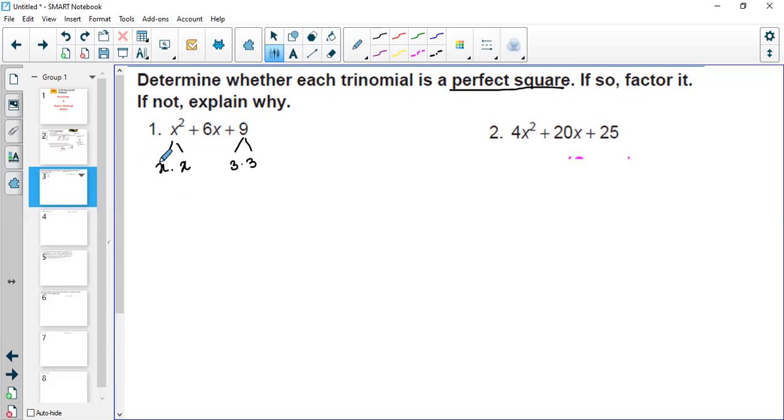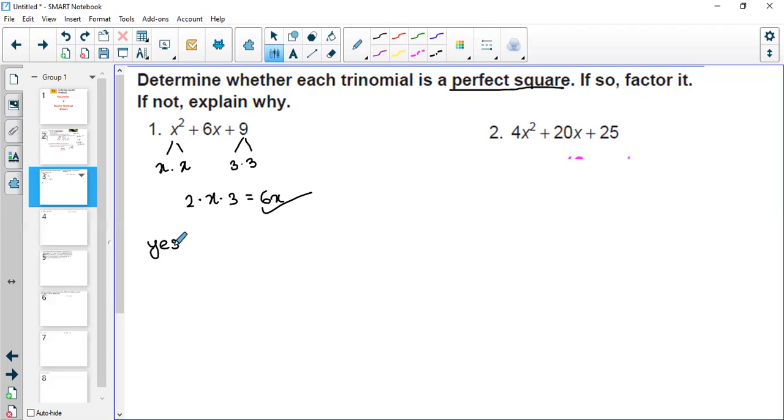So take one term from each: 2 multiplied by x multiplied by 3. 2 multiplied by x gives you 2x, and 2x multiplied by 3 gives you 6x, which means we are getting the term in between. Therefore, this is called a perfect square.